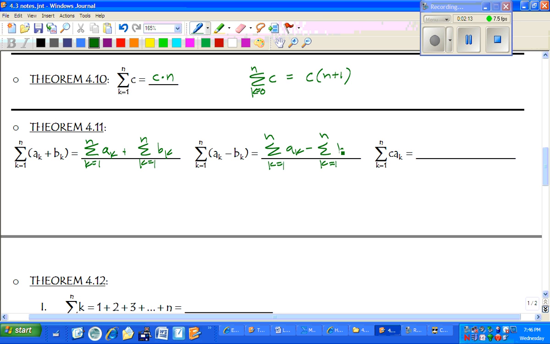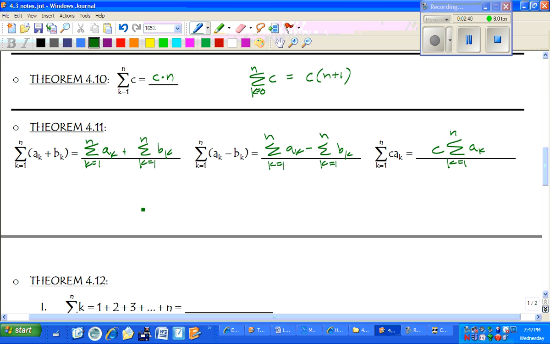to make it easier. And also, if we have a constant times that sequence, just like we were talking about before with antiderivatives, limits, and derivatives, we can just leave that constant out in front and multiply it by the sum. Alright, so those should all look kind of similar to things we've already talked about, only different notation.